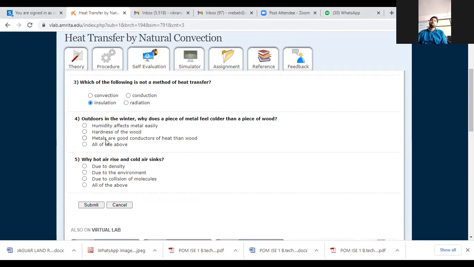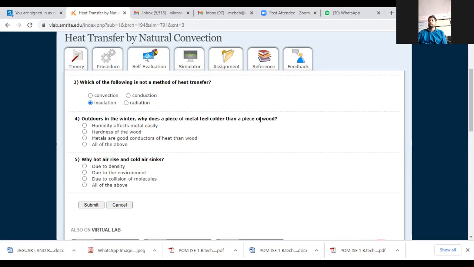Okay. So the fourth question is, outdoors in the winter, why does a piece of metal feel colder than a piece of wood? ओके। जब बाहर ठंड हो तो मेटल ज्यादा ठंडा लगता है as compared to wood. मेटल ज्यादा ठंडा लगता है। क्यों? क्योंकि मेटल is having good thermal conductivity.